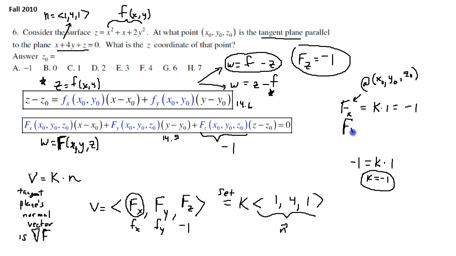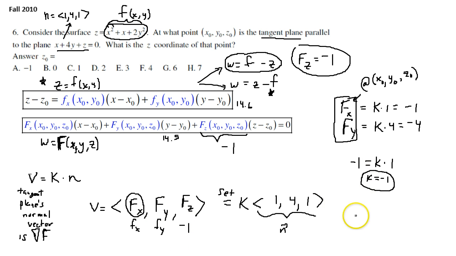And then fy should be k times 4, which is going to be negative 4. So take these partials and set the one equal to negative 1 and the other equal to negative 4, and then you'll have equations for x naught and y naught. Take those back into the original function to find out then what z naught is. That's my advice for that question.